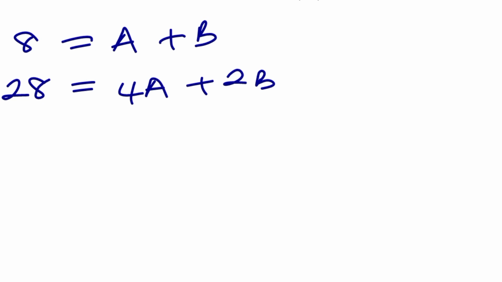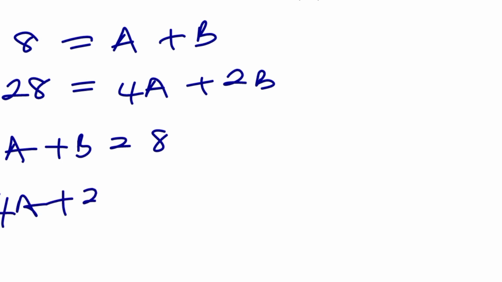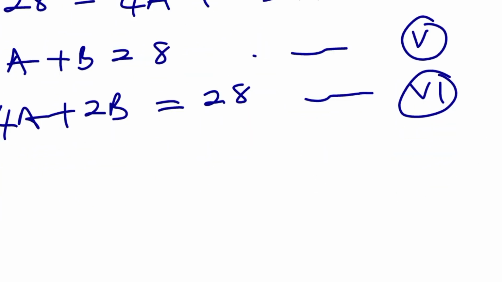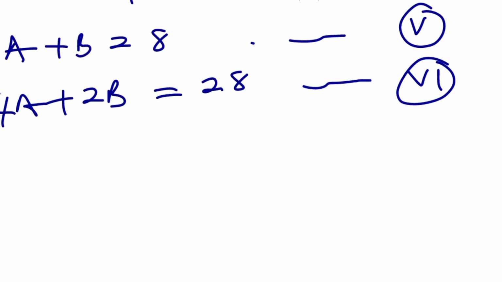So we end up having a plus b equals 8, and then 4a plus 2b equals 28. Let's say this is equation 5 and this becomes equation 6. So from equation 5, which is a plus b equals 8, I want to make a the subject.